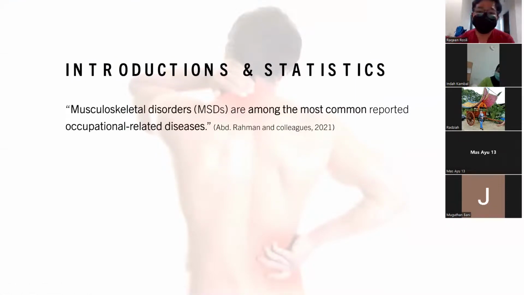So we'll start from this article by Abdul Rahman and his colleagues in 2021, which was last year. Musculoskeletal disorders, or in short form MSDs, are among the most commonly reported occupational related diseases. Meaning that among all the diseases that you can get from any type of occupation, the musculoskeletal disorders are amongst the most common ones lah.